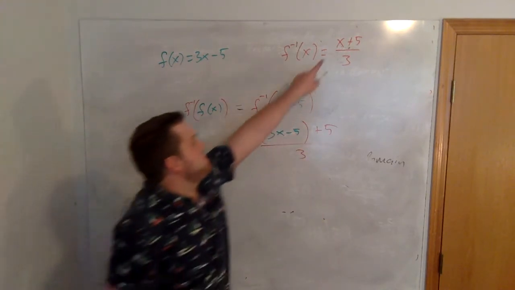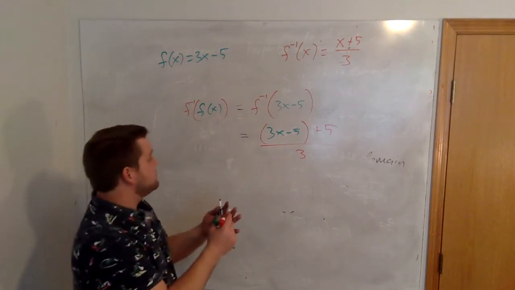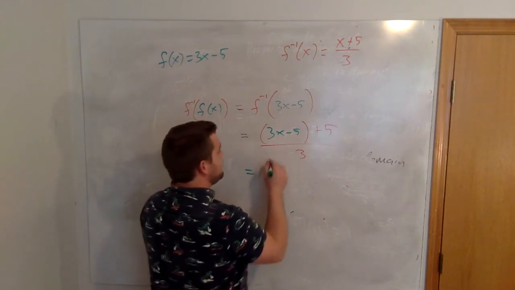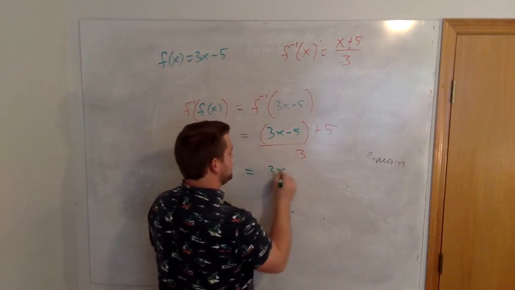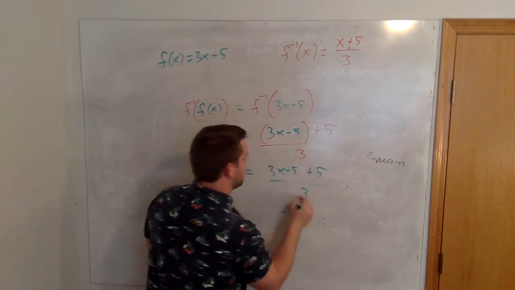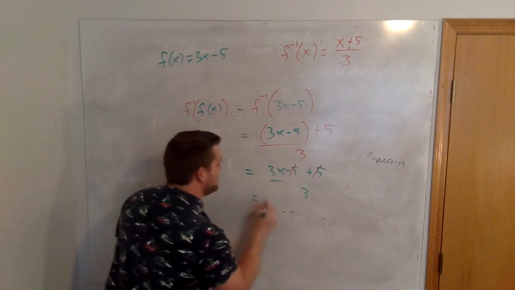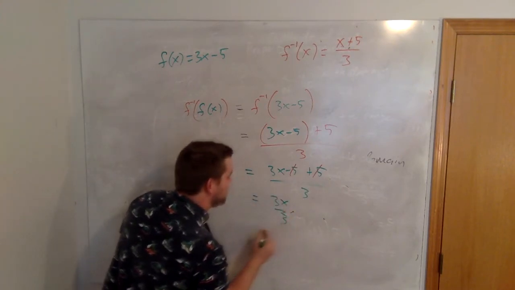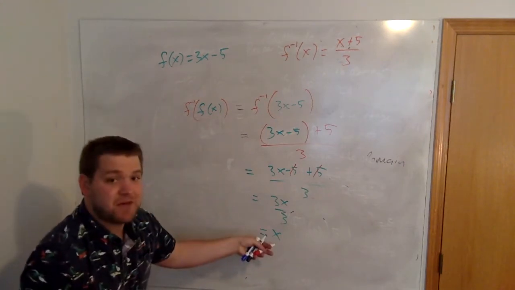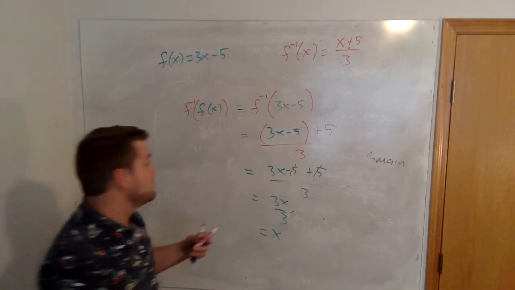Now notice what happens. Negative 5 plus 5 is just 0, so we're just left with 3x over 3. Look, we get out x. When I compose these functions together, I just get back out x. These must be inverses. They undo one another.